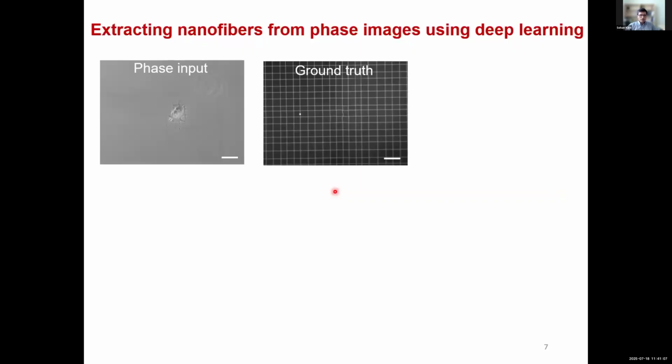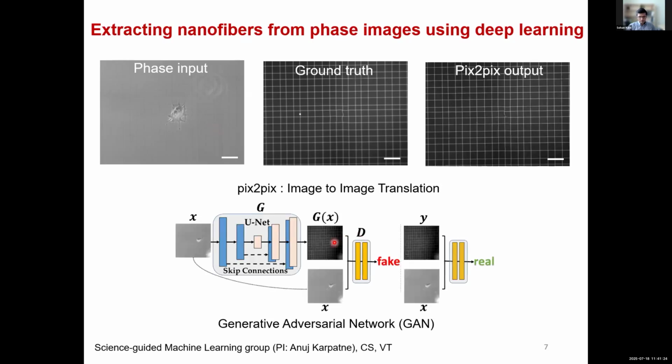The obvious way to go is to label the fibers and image them, but to circumvent this step, we trained a generative adversarial network in collaboration with Dr. Karpatne at Virginia Tech. What they did essentially was take the phase input image, and take the ground truth, which told us about the location of the fibers, from the fluorescent images.